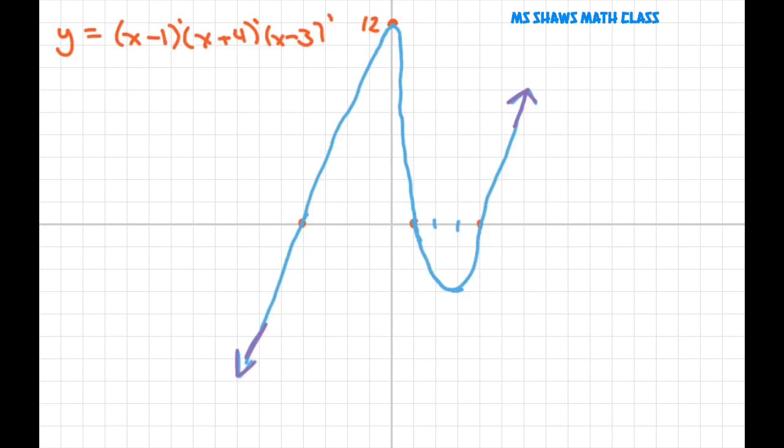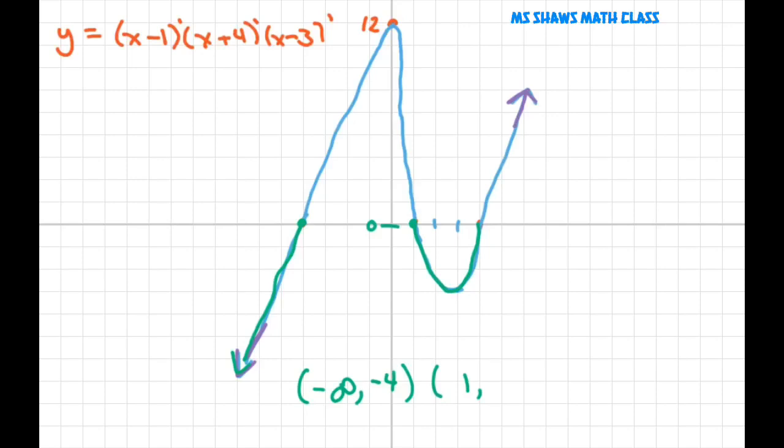Now the only thing else we have to do is determine where y is negative. Here is where y is 0. So y is negative from negative infinity to negative 4. Y is also negative right in here, this part of the curve, which is in between 1 and 3.